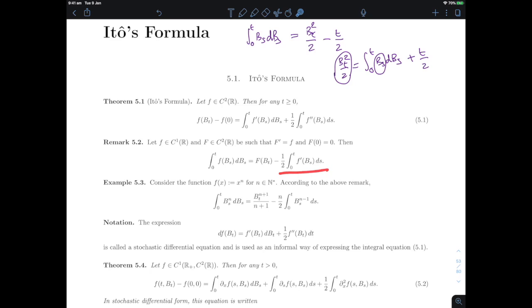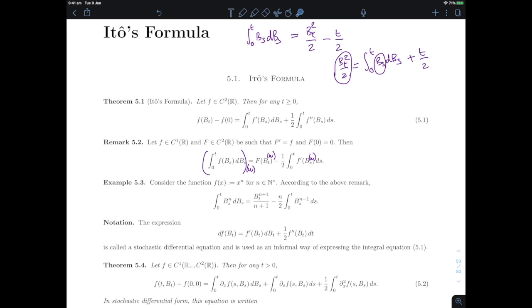Now this integral here is not an Ito integral, right? It's just a Riemann integral or a Lebesgue integral, if you want, for every value of the probability parameter omega. So this entire thing takes a process and gives you a random variable or even a process as a function of t, and evaluated at the point omega in your probability space gives you capital F of B_t of omega minus 1/2 times the integral from 0 to t of f prime of B_s of omega ds.